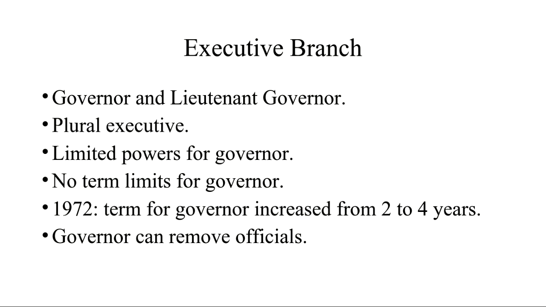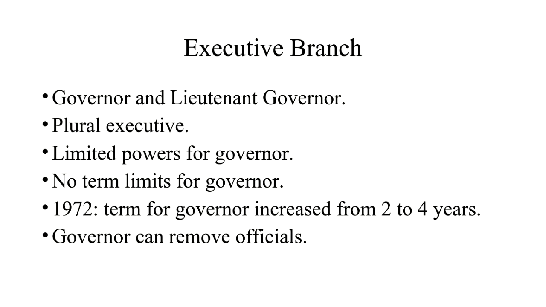But it is what's called a plural executive. You've got 5 other elected officials serving. You've got the governor, the lieutenant governor, the state controller, the commissioner of the general land office, the state attorney general, and the Texas Railroad Commission.